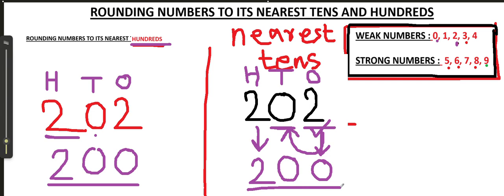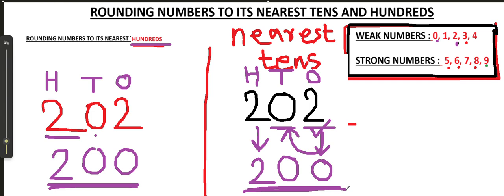So friends, do you notice something? There are a few numbers which remain the same for hundreds and tens. If you change a certain number to its hundreds, it is going to have the same answer as when you change that same number to its tens.